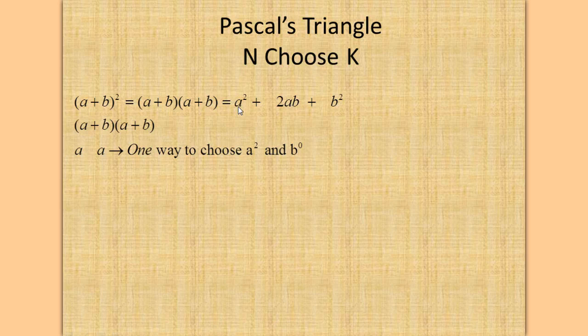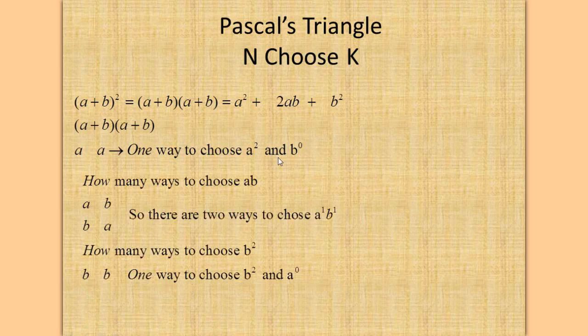See a squared here, but there's a b to the 0 in front of it because b to the 0 equals 1. How many ways can we multiply this out and be guaranteed we get a squared? Well, there's only one way to choose a squared and b to the 0.